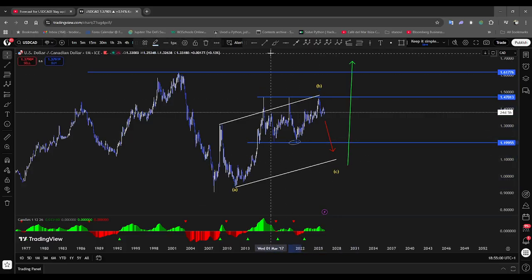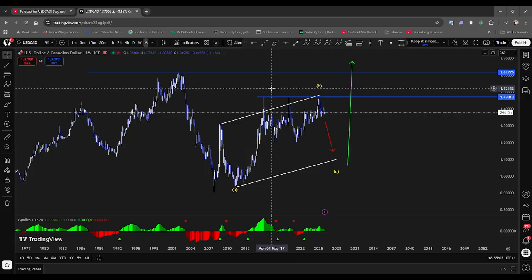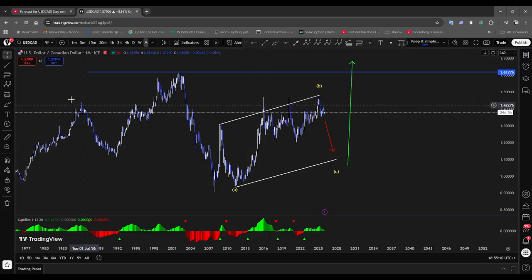And in this case, if we get something like that, then all of this correction here will be just a B wave within a B wave.